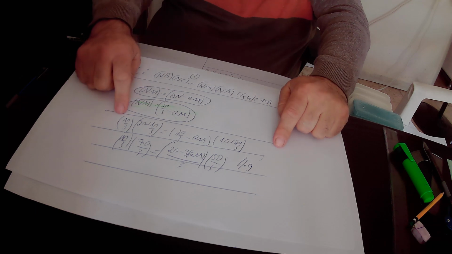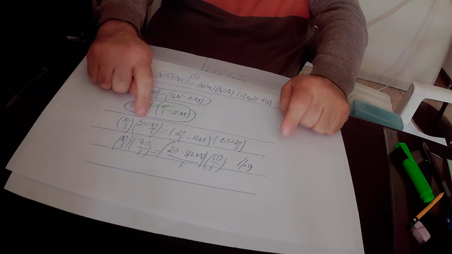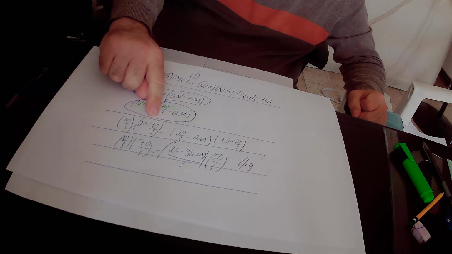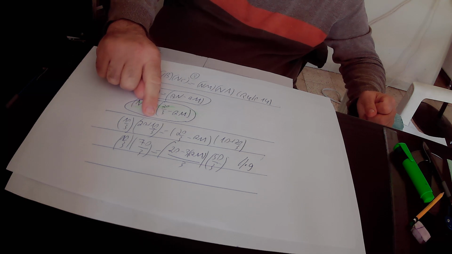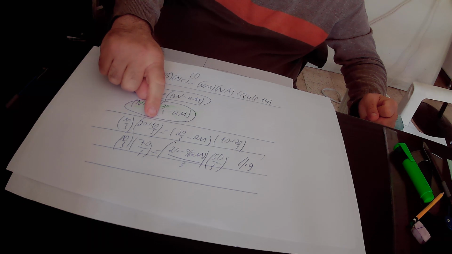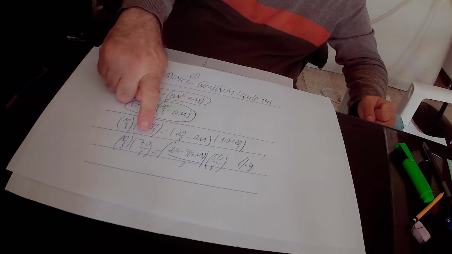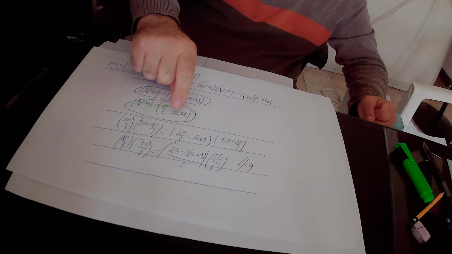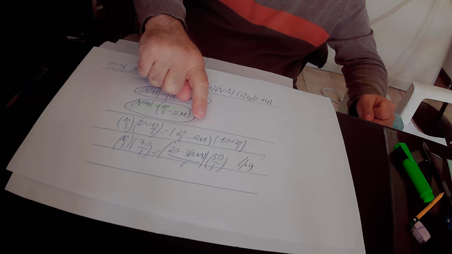So here we have 10 over 3 times 20 plus 10 over 3. Here we multiply 20 by 3 and then divide by 3 in order to have a common factor with 10 over 3. So 20 times 3 is 60, and 60 plus 10 is 70. In the numerator we have 70 divided by 3, and it equals 20 over 3 minus QM. Here we multiplied minus QM by 3 and then divided by 3 in order to have a common factor of 20 over 3.